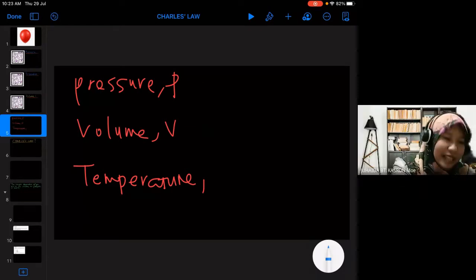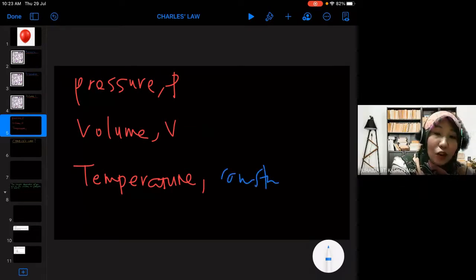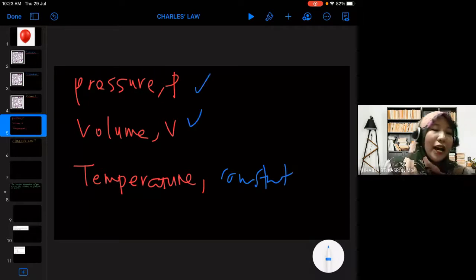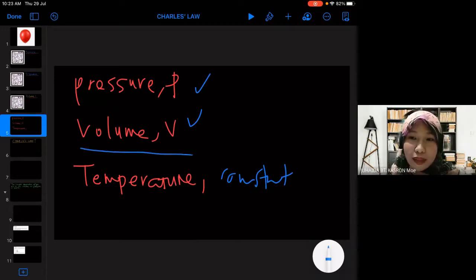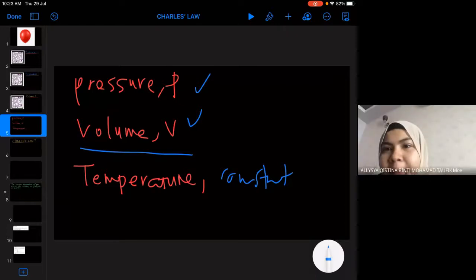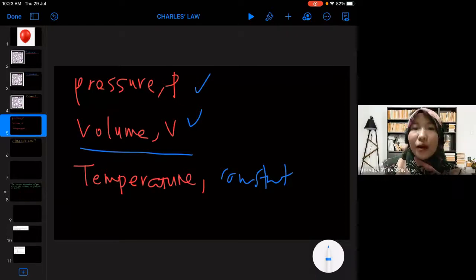Yes, the temperature must be constant. If you want to find the pressure and temperature relationship, what about the volume? Yes, the volume needs to be constant.